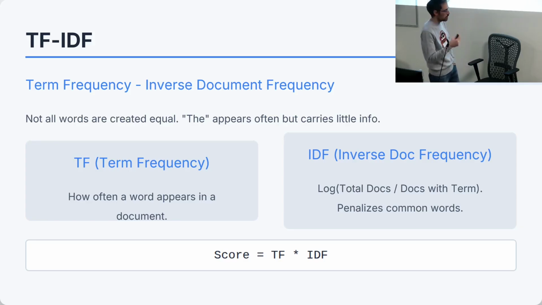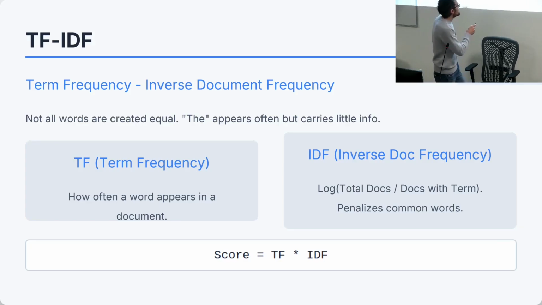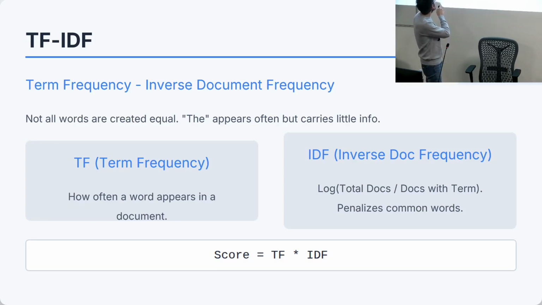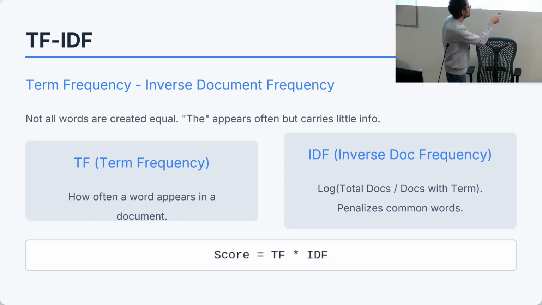We just care about the concept. Multiplied by the inverse document frequency, which works like this: in this given document, this term, this word, this token appears 10 times. But what is its frequency of appearance in other documents?